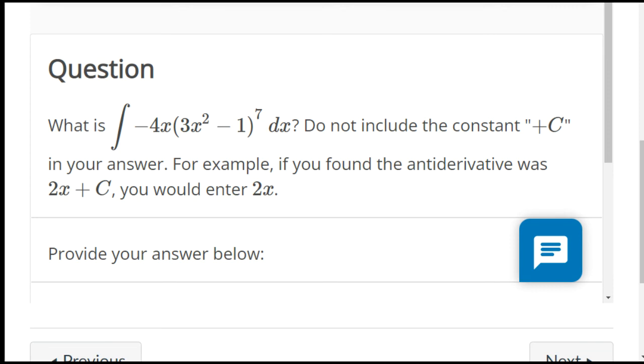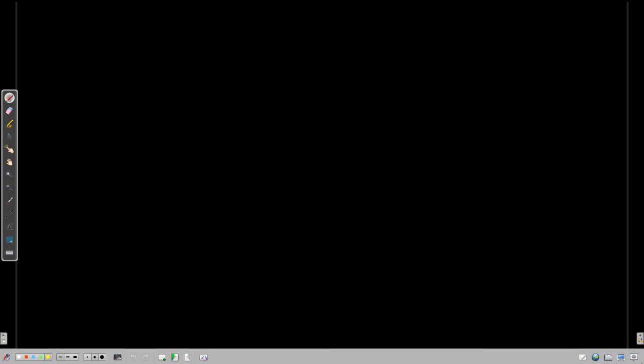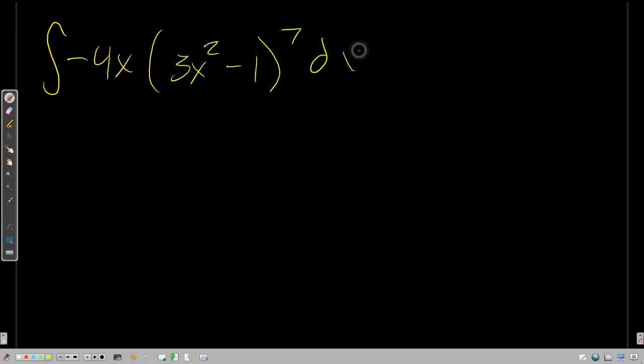Okay, here's another one. It's going to be the same strategy. They want us to integrate a minus 4x times the quantity 3x squared minus 1 to the 7th power.